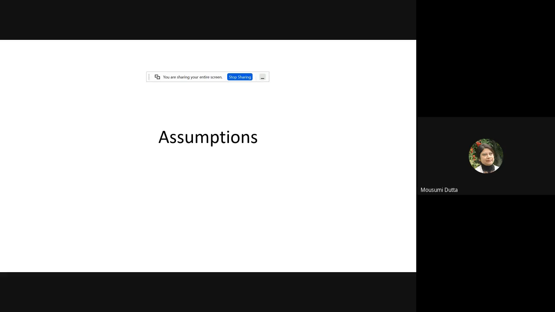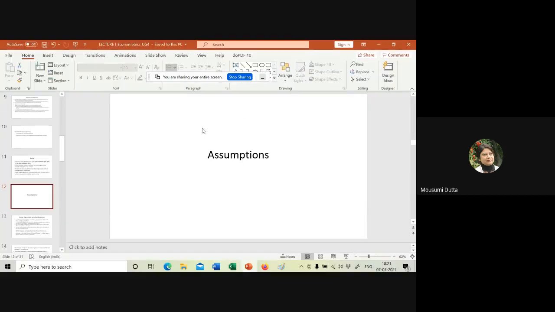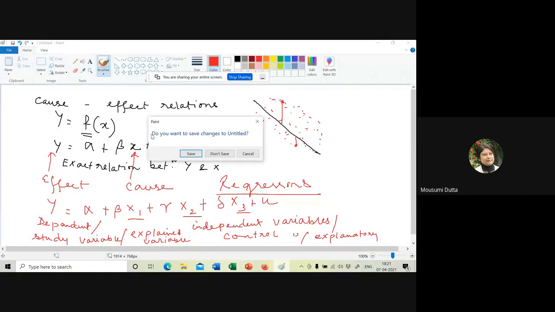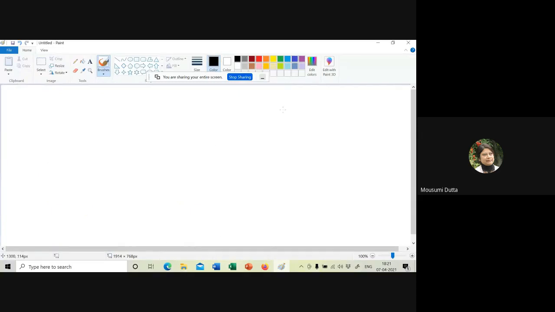Now, econometric analysis has 3 parts. Better to say, we are concentrating on regression.